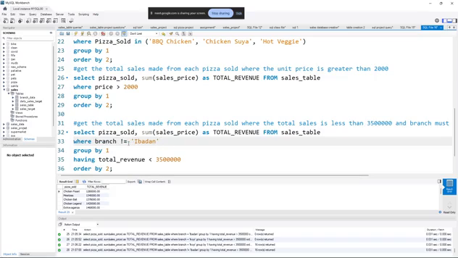Why? Because there's another way of writing it. I can decide to do it like this, the exclamation mark then equals sign.